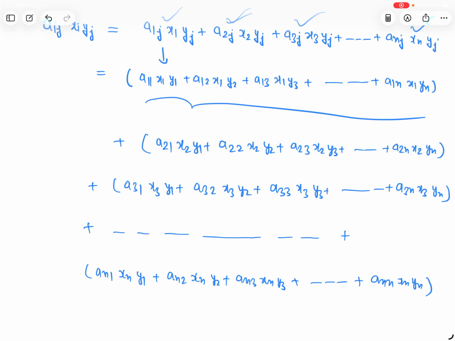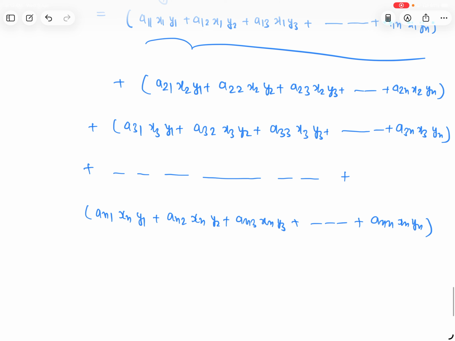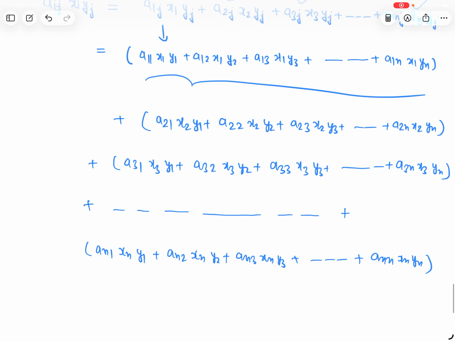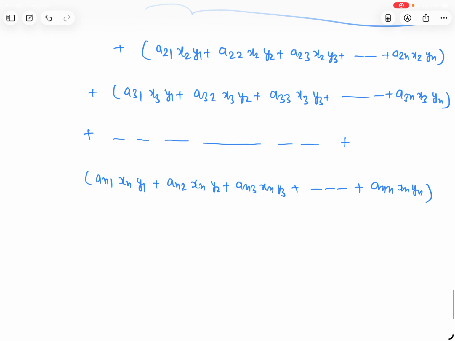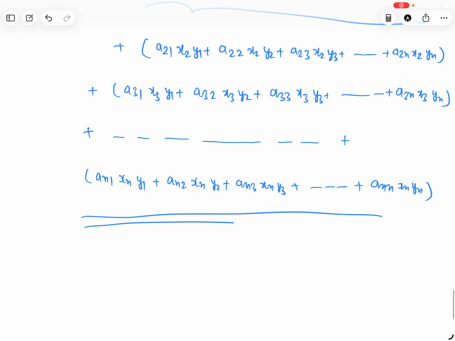So this way it is completed. First I expand over i, keeping j fixed. Then after that I take summation over j.